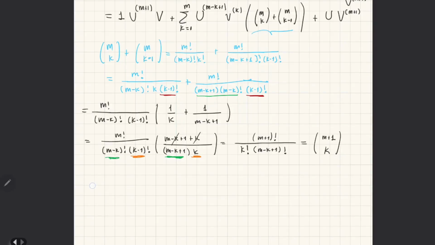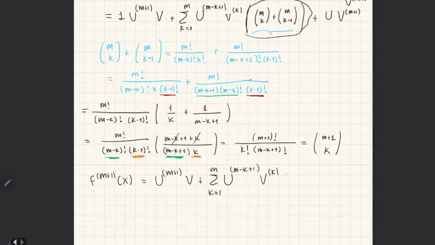So that is the m plus 1 derivative of f is equal to u to the m plus 1 times b plus the sum from k equals 1 up to m of u to the m minus k plus 1 b to the k, and then times this, but that is just m plus 1 choose k, and then plus u b to the m plus 1.